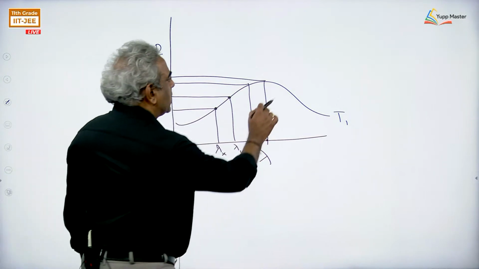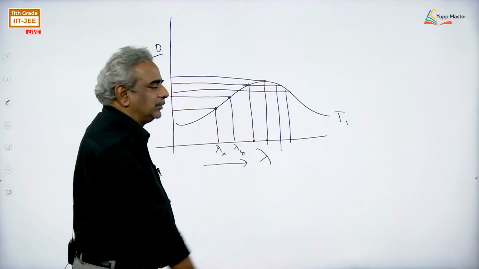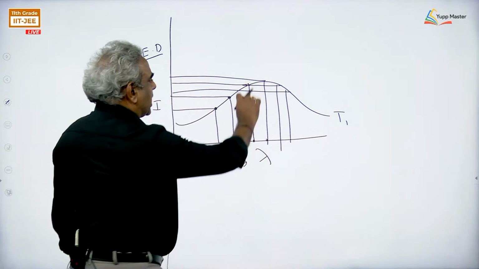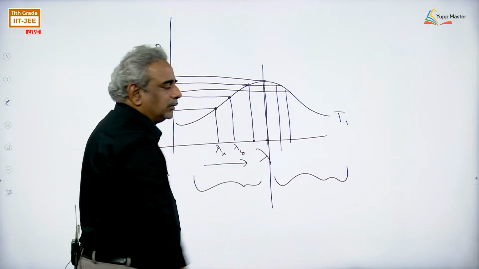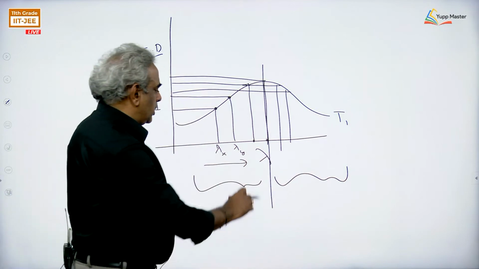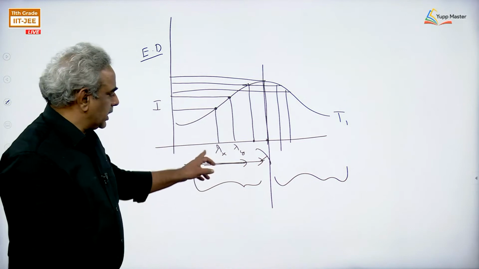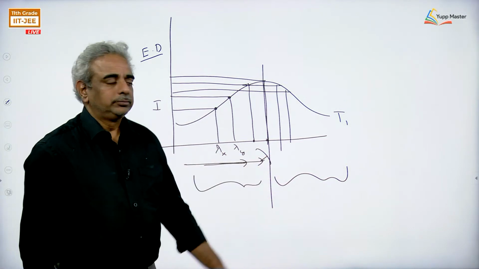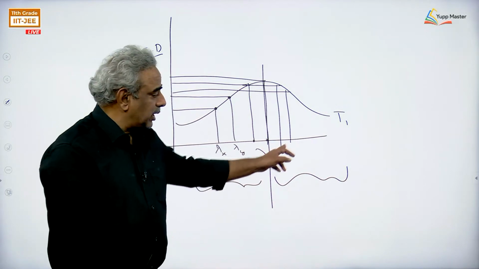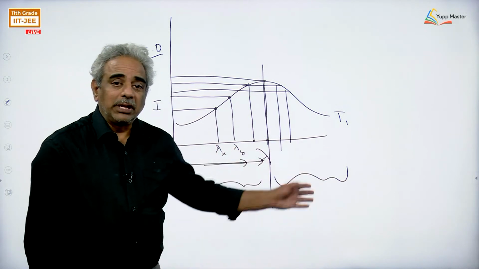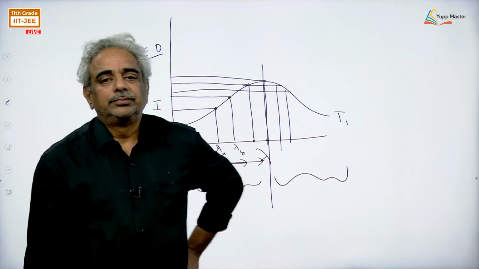Still higher lambda, again low energy density. Now people started breaking their head. What is happening till here? And what is happening till here? Till here, what is happening? With increase in lambda, intensity increased. Above a particular lambda again, with increase in lambda, energy density decreased.